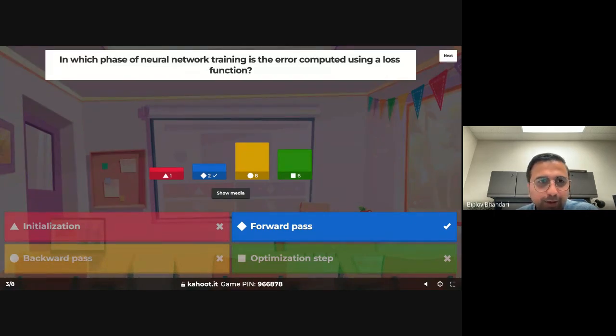Oh, only two. Okay, maybe I didn't explain this correctly. Once the training data is passed through the network to the output layer, at the very end, once the model predicts the output, it will look at the label data and compute the loss at that time. So everything is happening on that forward pass.